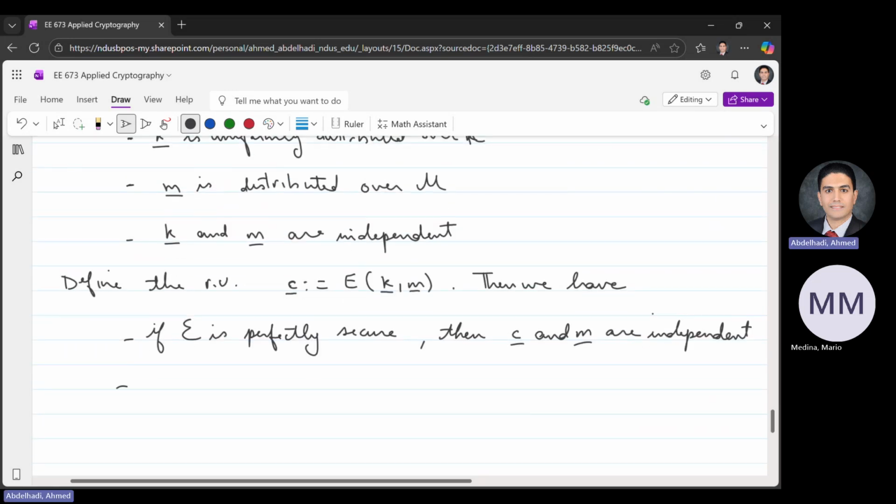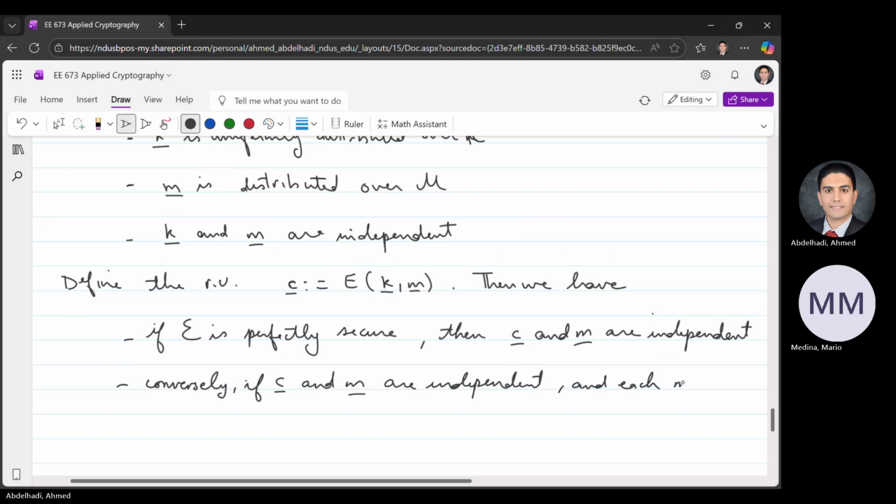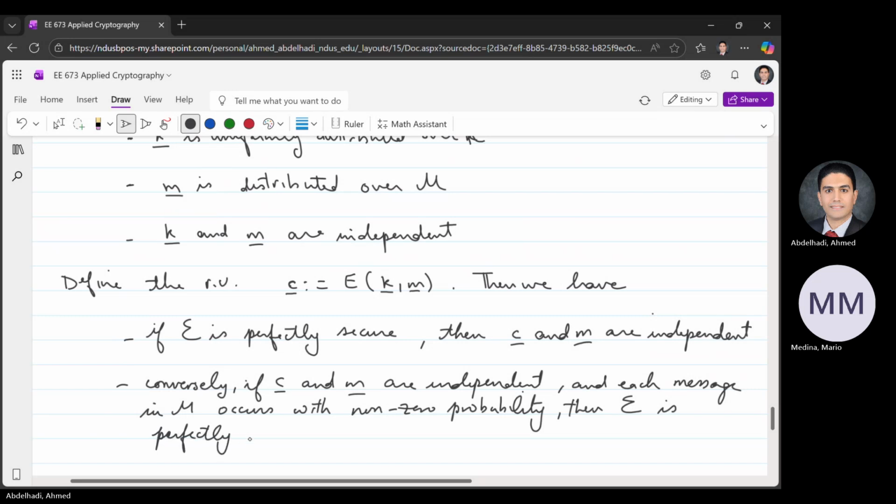And the converse: conversely, if C and M are independent, and each message in M occurs with non-zero probability, then E is perfectly secure.